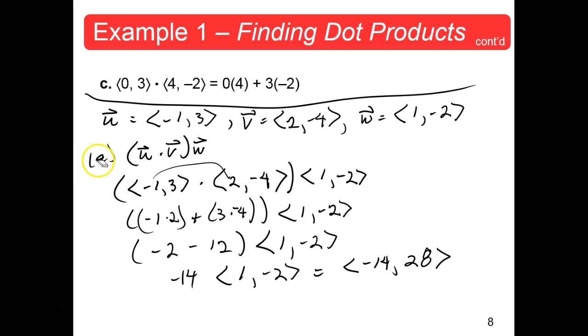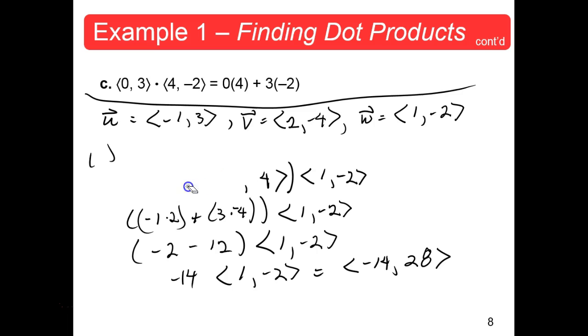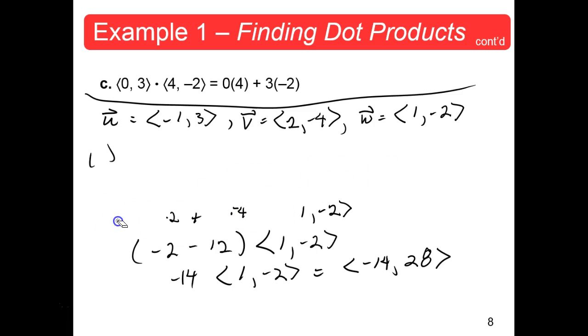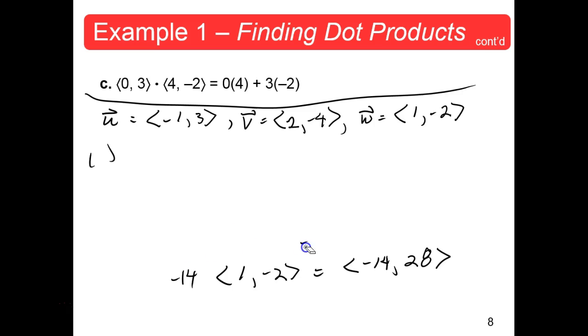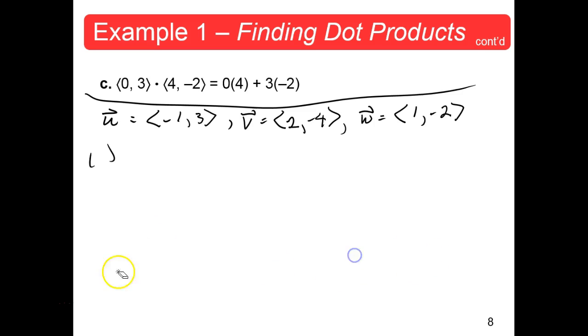Okay, so I'm going to erase parts of this. Big parts of this, in fact, almost all of that. Okay, so that was the A part. Let's move to the B part.